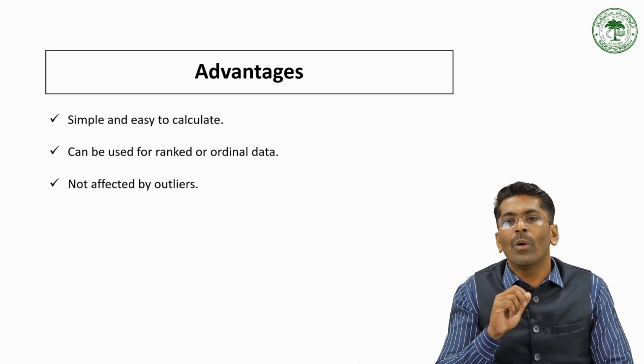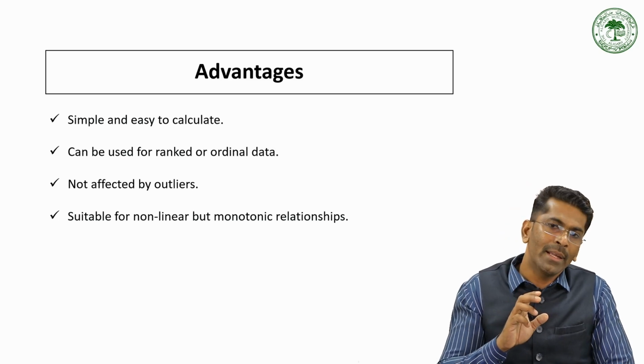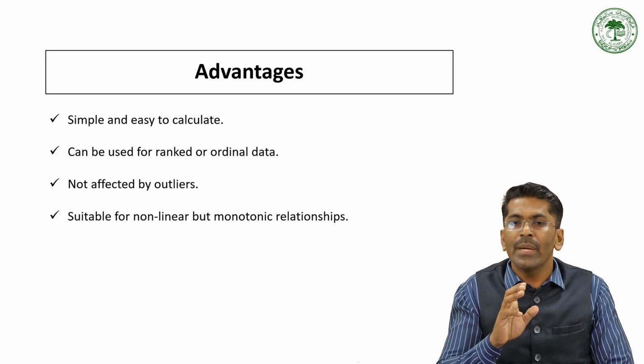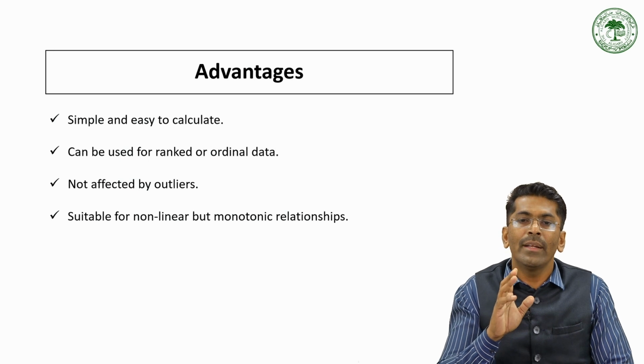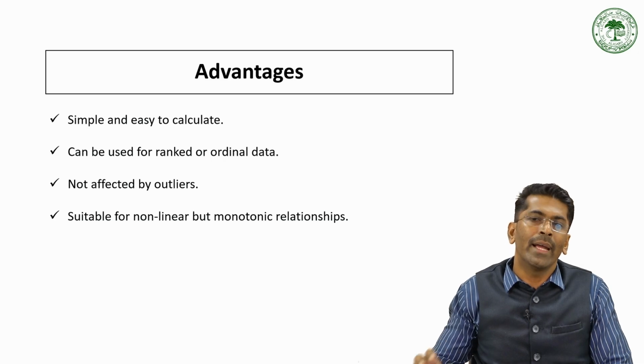Moreover, it is well suited for identifying non-linear but monotonic relationships, where the variables move in the same or opposite direction but not necessarily at a constant rate. At that particular time also, we can utilize the Spearman rank correlation.